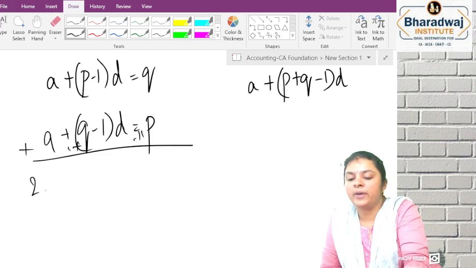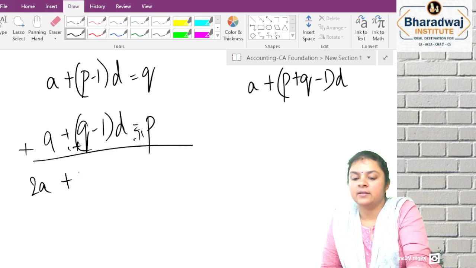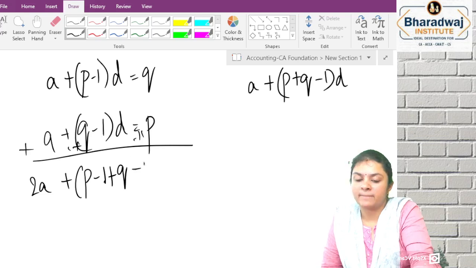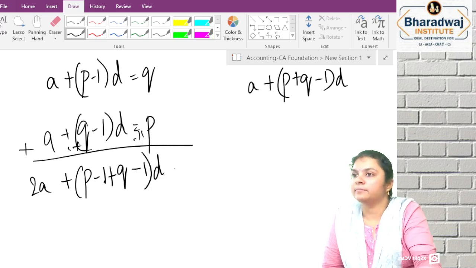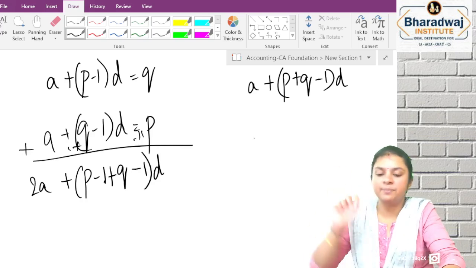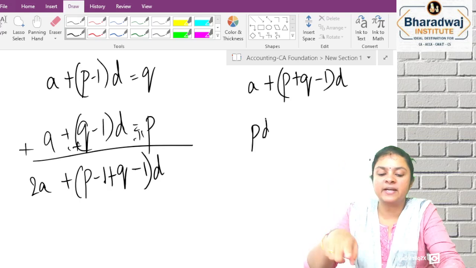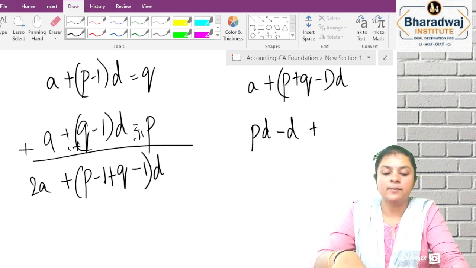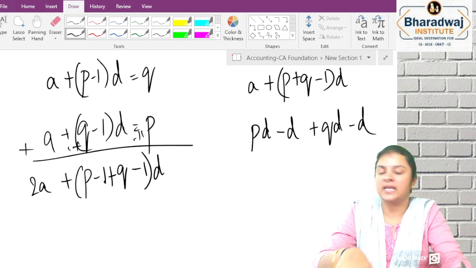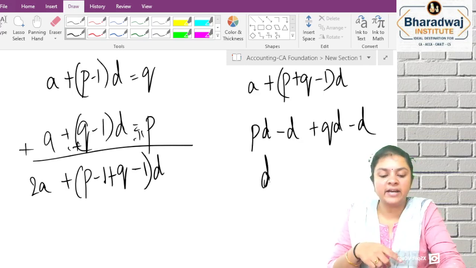So you get 2A plus... now how will we write this? P minus 1 plus Q minus 1 into D. Or in simpler terms, this is expanded as PD minus D plus QD minus D. Take D out as common.